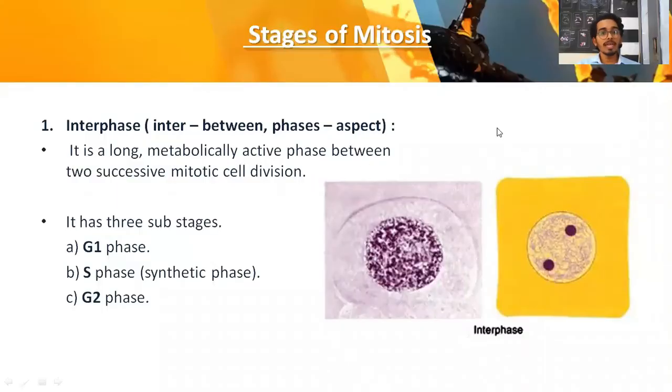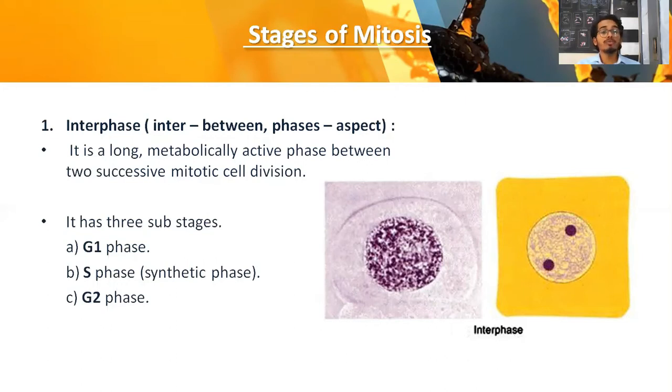First comes the interphase. Inter refers to in between, so it is a phase between two mitotic cell divisions. It is a long, metabolically active phase between two successive mitotic cell divisions. Initially it was assumed that this was a resting stage of the cell because it was not exhibiting any activity.